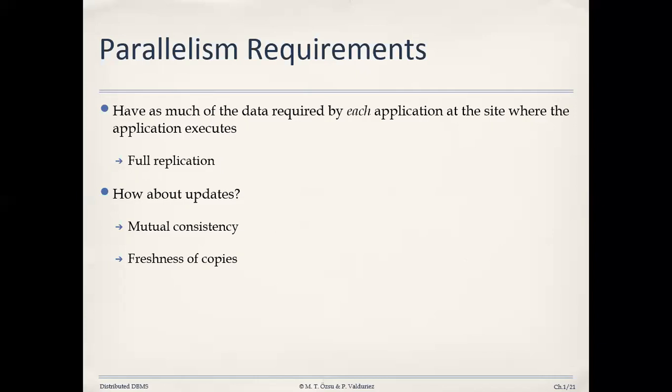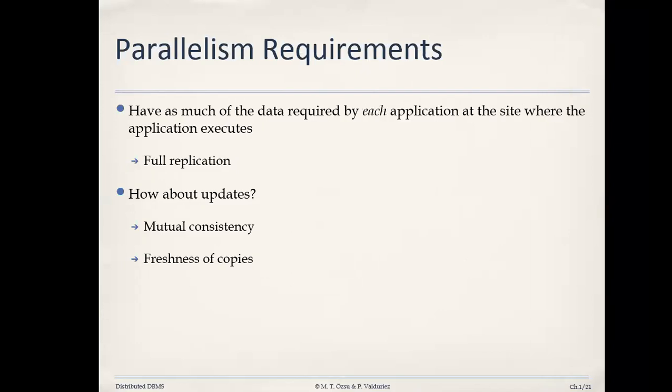All the data required by a particular application should be at the site where the application executes. Is maximum data available there? In which case will that happen? In the case of full replication, because in full replication we have all the data available at that particular point in time. Okay?